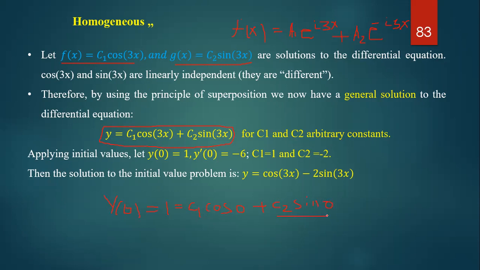So sine of 0 is 0, so it gives us 1 is equal to c1.